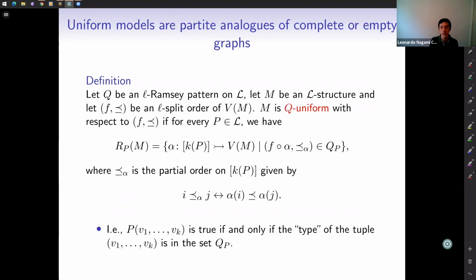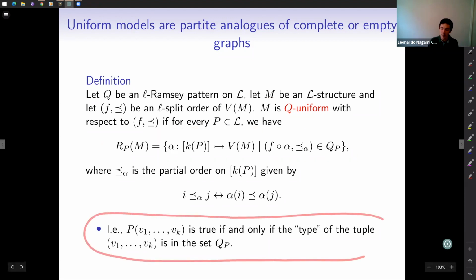If I give you some Ramsey pattern Q, and I say I have a model and some split order of this vertex set, I'm going to say that this is Q-uniform if the tuples that I see that satisfy the predicate are exactly the ones that have the type matching my Ramsey pattern. There is this big formula that says something, but don't bother too much about the formalism of it.